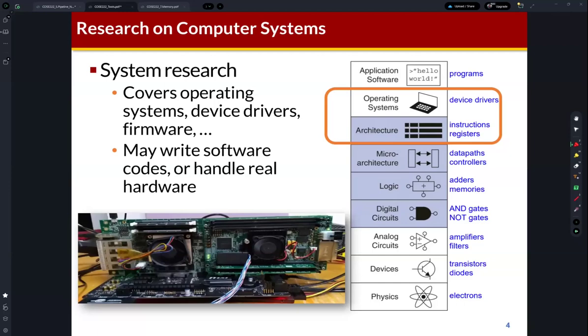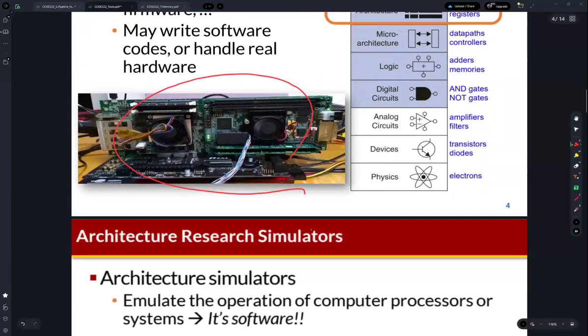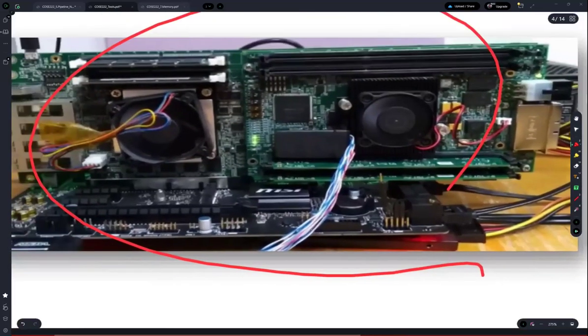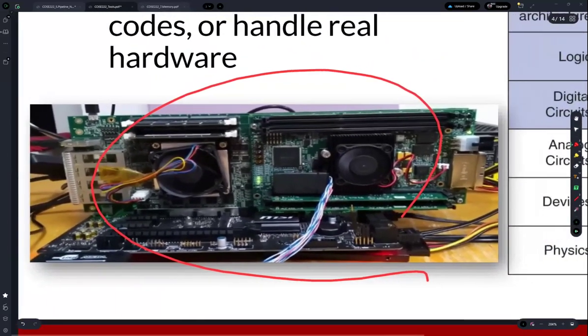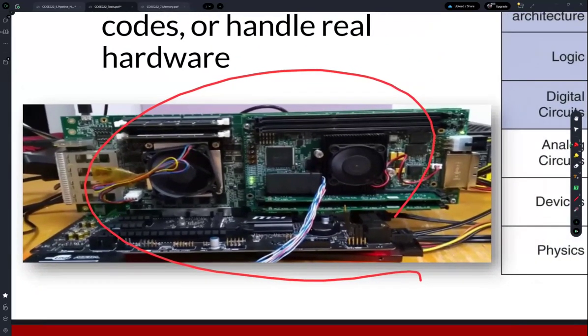We can also use real hardware like this. If you see this photo, this is the real photo of what I worked on. I used this hardware for my research. What can you see?